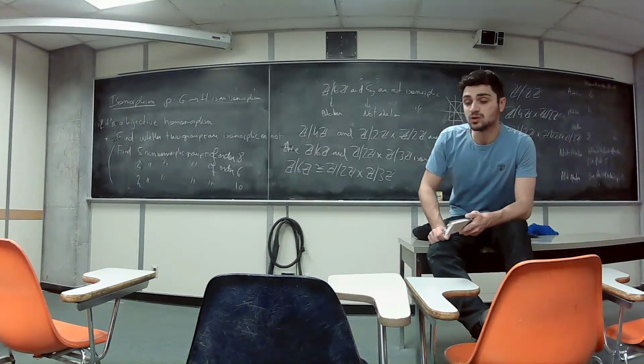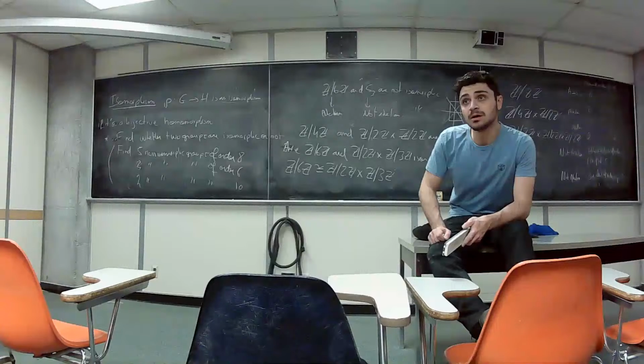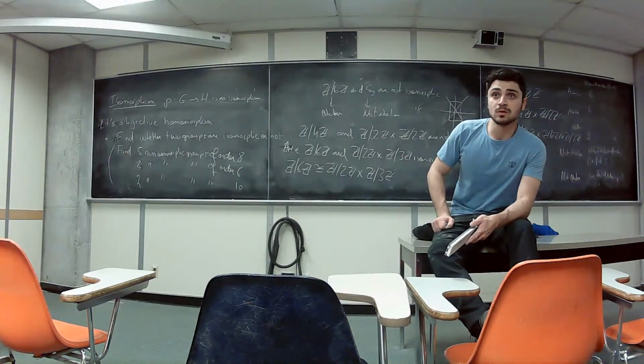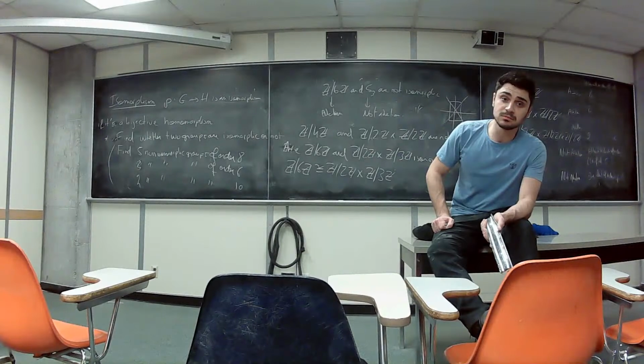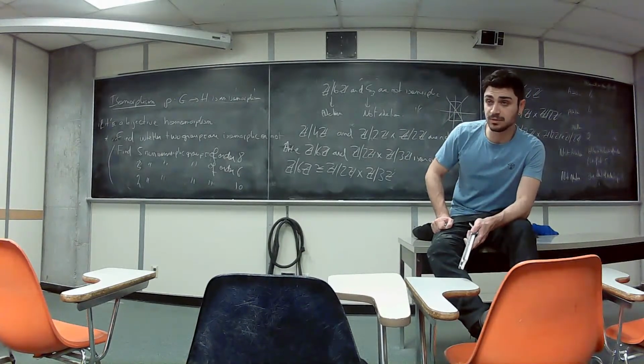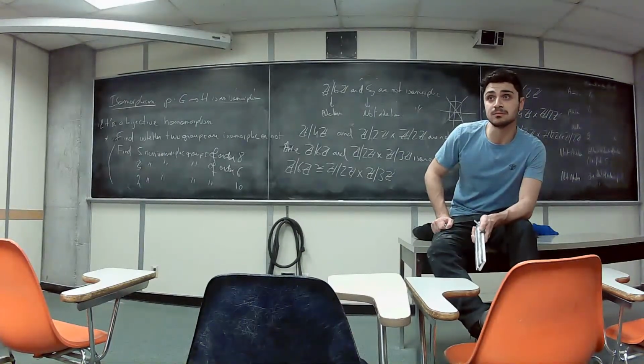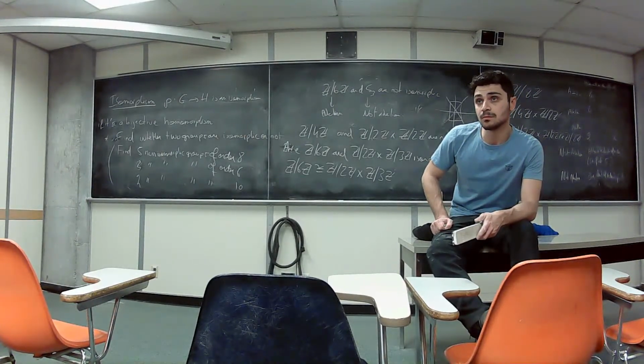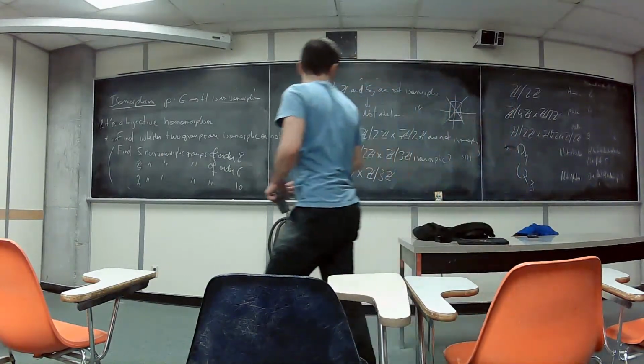But if you have a group of prime order, it must be cyclic. How come? So take a non-identity element. Its order will divide p. So if it's non-identity and has order dividing p, it must have order p. Exactly, so the group must be cyclic. Let's write that.